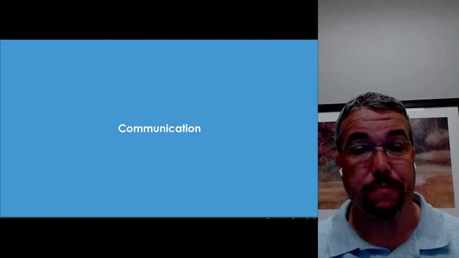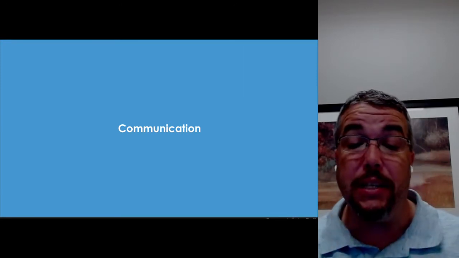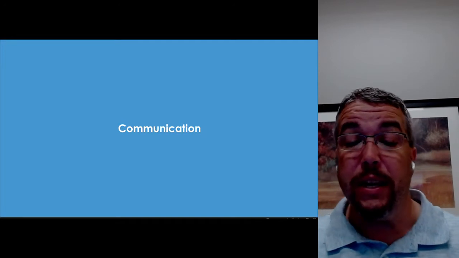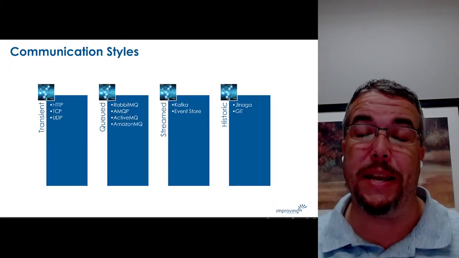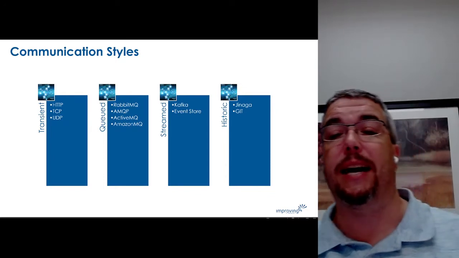So let's talk about communication methods now. Let's talk about how the pieces of our system interact with one another. Really, there are so many technologies here, so many queuing technologies, so many networking technologies.